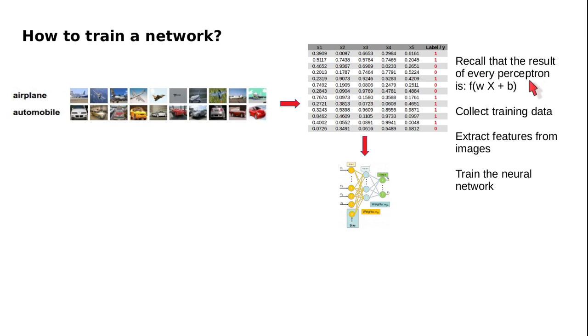Recall that every node in the neural network is a perceptron, and the output of a perceptron is f of wx plus b, where f is the squashing function and wx computes the weighted sum of the inputs to that particular node. Therefore, the input to every node has to be a numeric value.